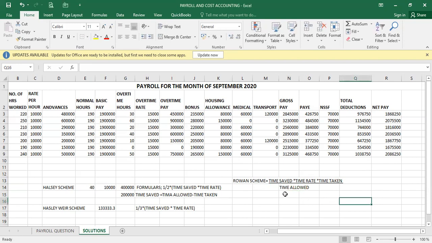So to get the law 1, it will be our time saved. We said we saved 40 hours. It will be 40 hours times the time rate, then we multiply by the time we've taken.